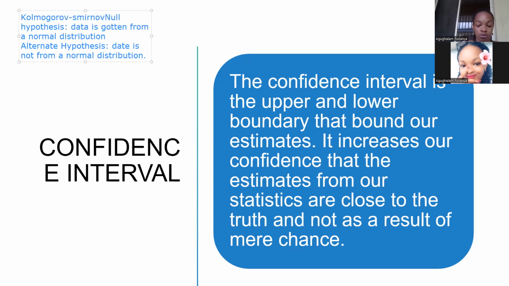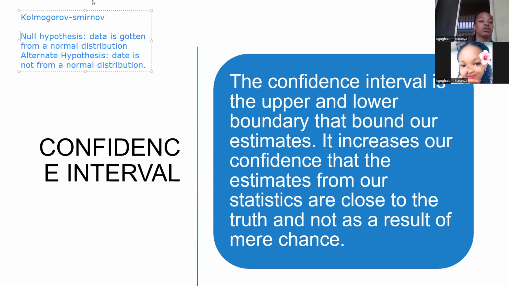So these are the assumptions we make in the Kolmogorov-Smirnov test. Our null hypothesis: data is gotten from a normal distribution. Our alternate hypothesis: data is not from a normal distribution. Now, our p-value is set at 0.05.